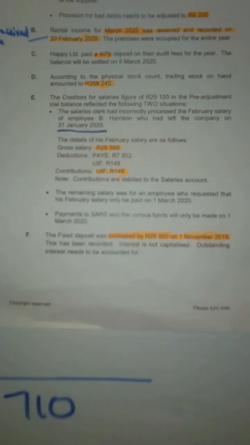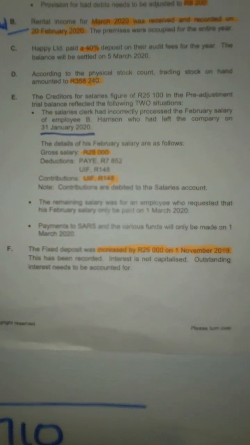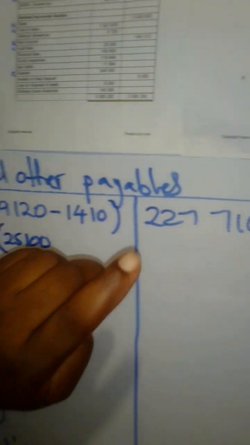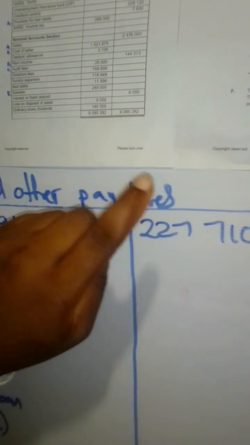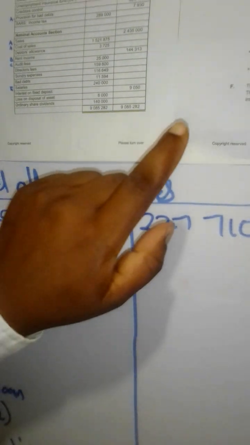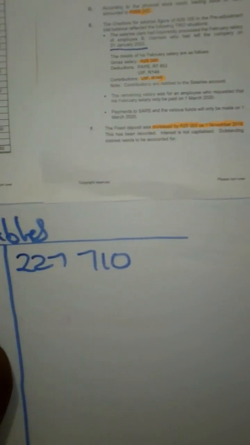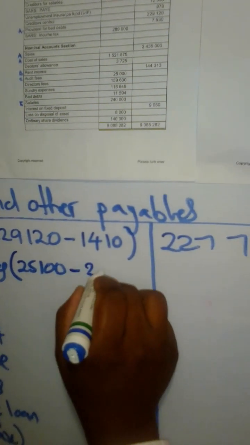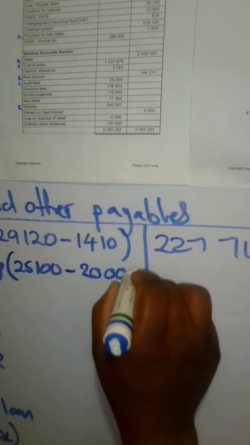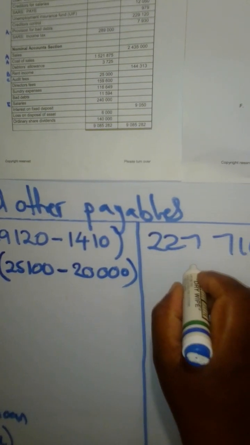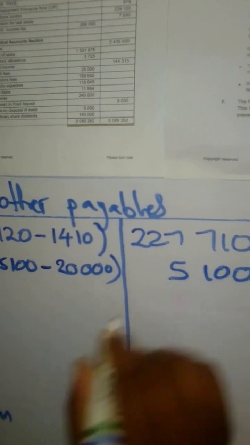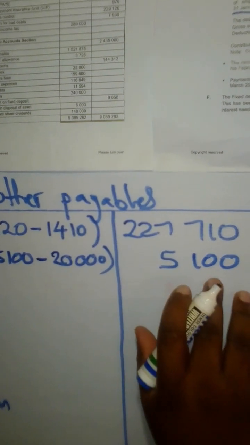The amount that remains is the one that we record in our creditors for salaries. So after minusing 7,852 and 148 from 28,000, we remain with 20,000. So you say minus 20,000, and we remain with 5,100 as creditors for salaries.